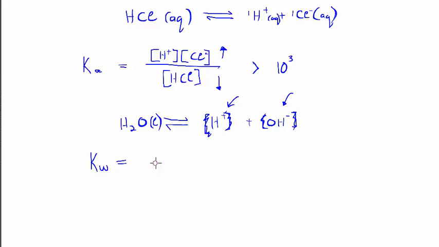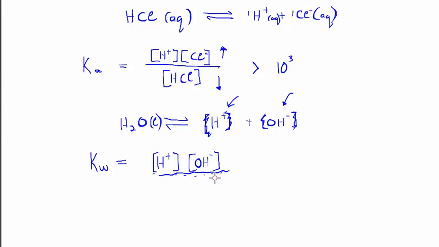So we only have the hydroxide products divided by 1, because in the denominator, the reactants, there's nothing. There are no aqueous solutions, no gases, so H2O to the power of 0, which is just 1. So this is the formula for Kw.